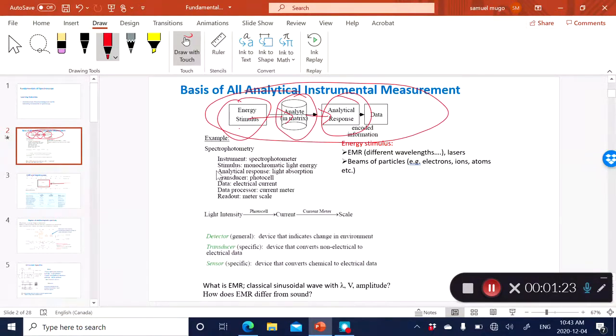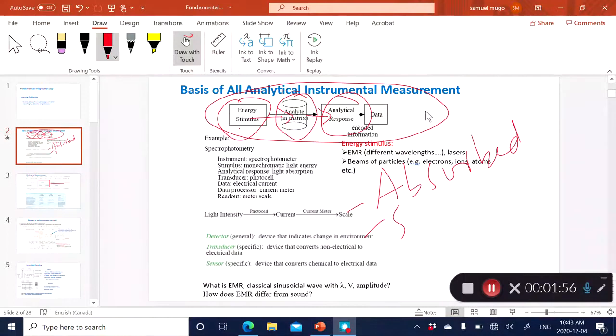Now, in most cases, the energy source that is very common out there is light. So light hits a sample, and of course, we know when light impinges on a sample, which has different chemical constituents, a portion of the light can be absorbed, a portion of the light can be scattered, and so on.